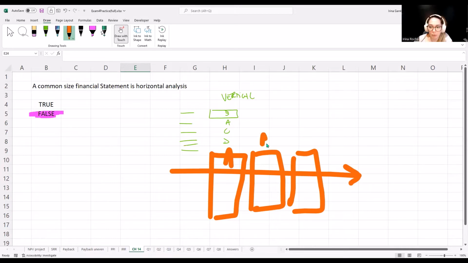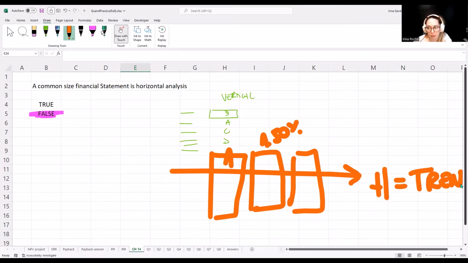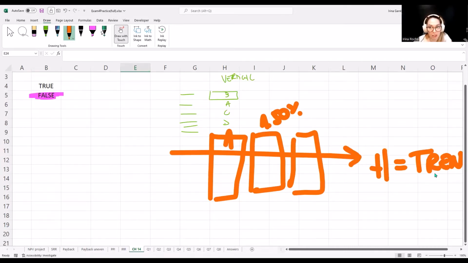So this is 1.5 or 150% of year one. So horizontal, I think this is what we have to remember, equals a trend. Oops, there's a D there, just imagine it. And when it's vertical, we are comparing all of this against one of the numbers in the statement.